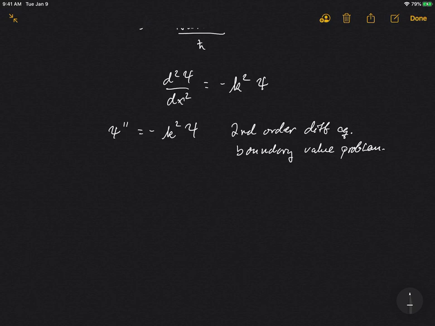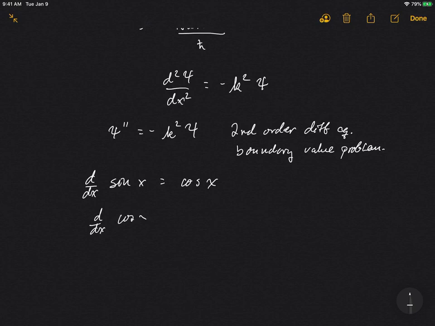So we have to find functions that will give you some sort of minus sign. So we know that d/dx of sine x is cosine x, and we know that d/dx of cosine x is minus sine x. Aha, so maybe our wave function is sine or cosine.